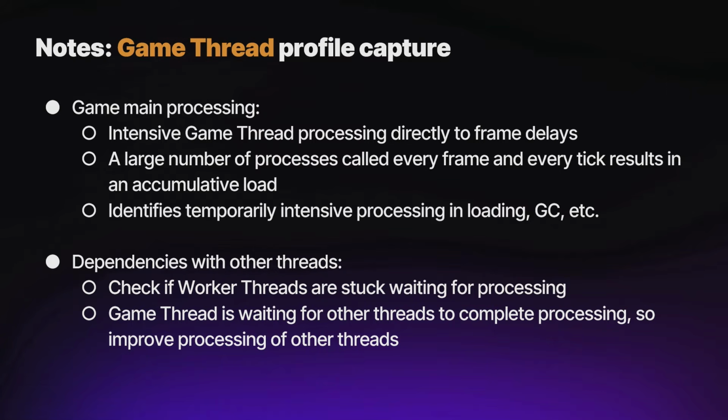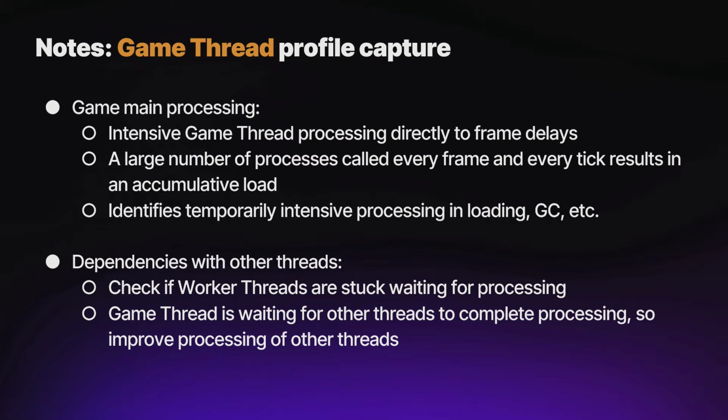When profiling the game thread, there are a few key things to keep in mind. First, we want to look for processing that's consistently taking a long time. This could be heavy logic that's triggered every frame or every tick. We also need to consider thread dependencies.